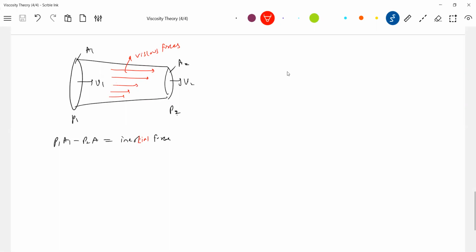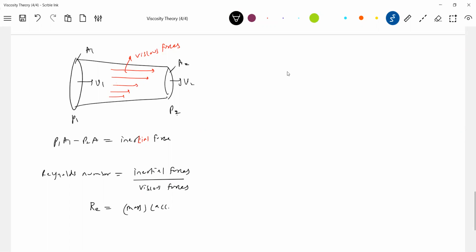For that, we define a Reynolds number. The basic definition goes like this: Reynolds number, written as Re, is the ratio of inertial forces to viscous forces. What is the inertial force? Mass into acceleration. What is the viscous force?